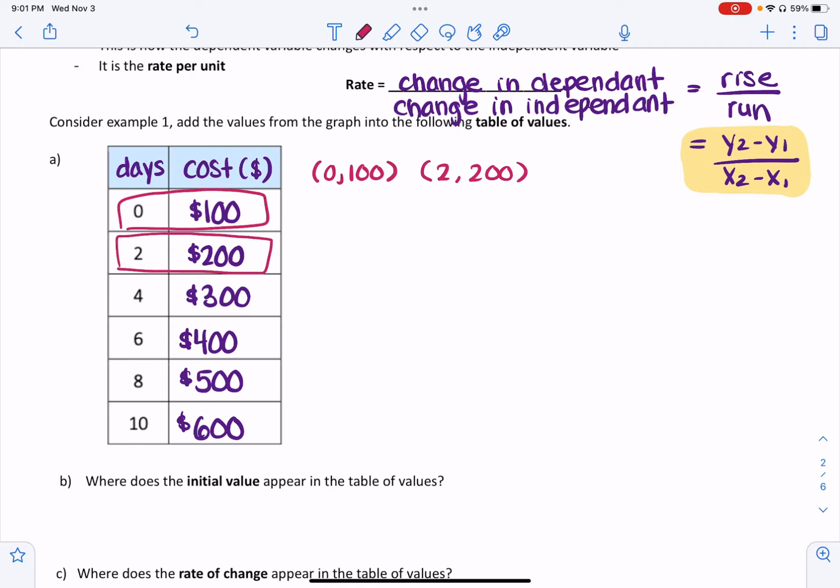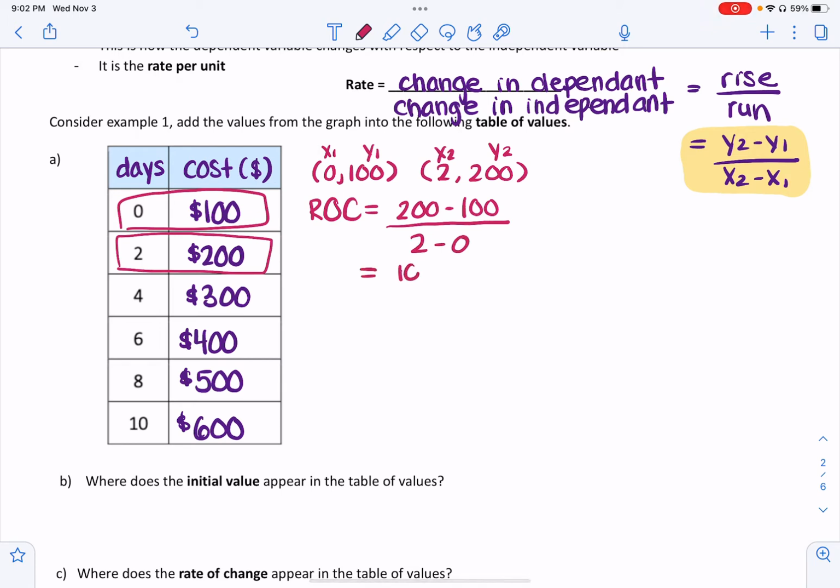And I can use the formula x1, y1, x2, y2. And I can find my rate of change using my lovely formula, y2 minus y1 all over x2 minus x1. So 200 minus 100 is 100 divided by 2, which is 50.